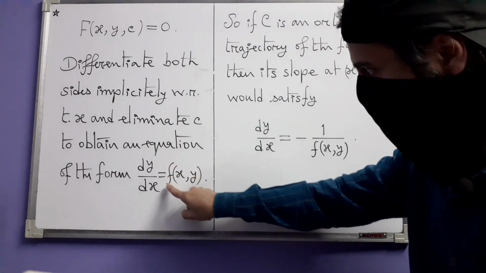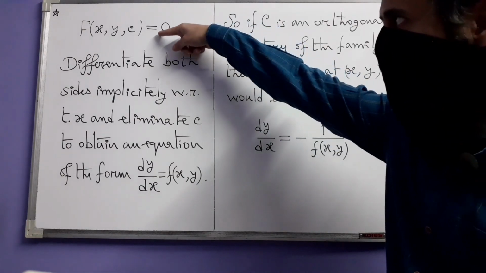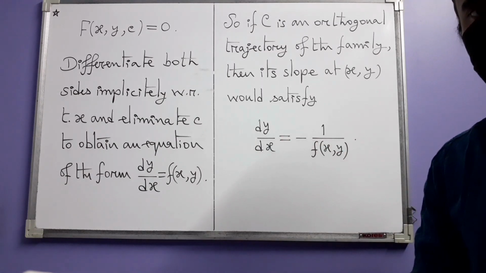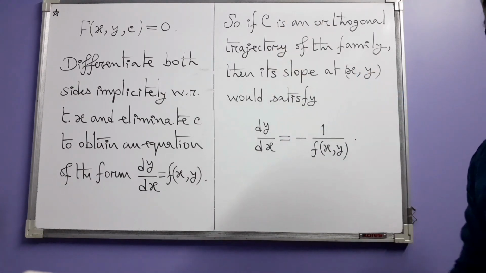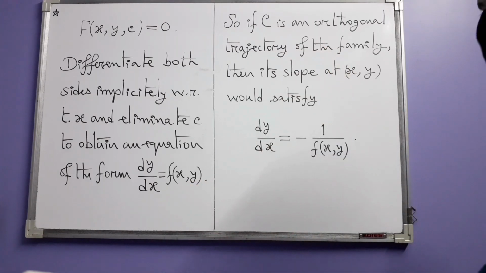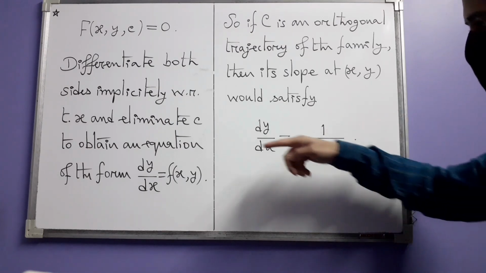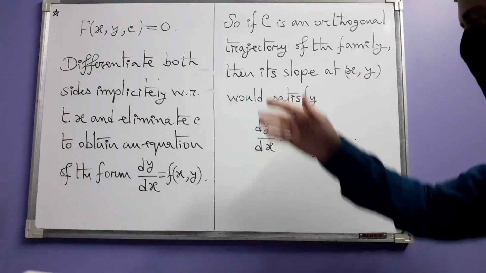This right hand side is the slope of the tangent to any member of this family at the point (x, y). So the slope of the tangent to C at that point where it intersects one of the members, that means at (x, y), would be the negative reciprocal of the slope of that tangent. That is why it looks like this.